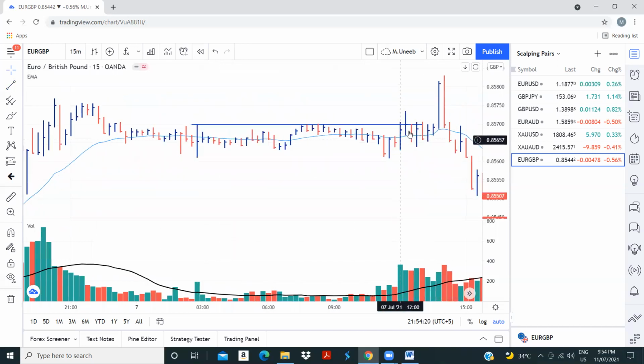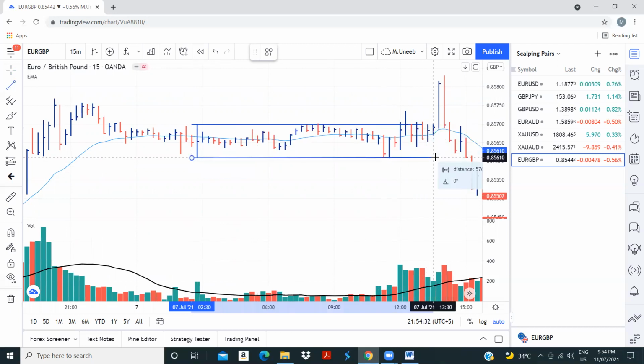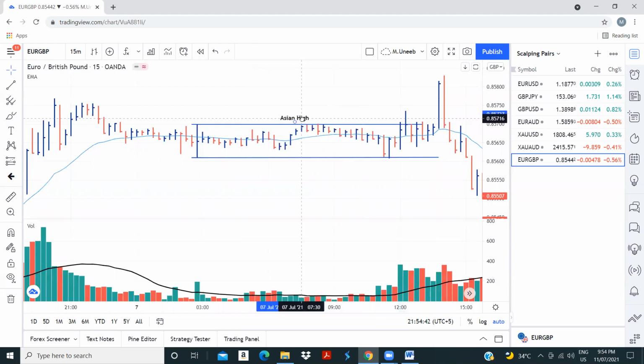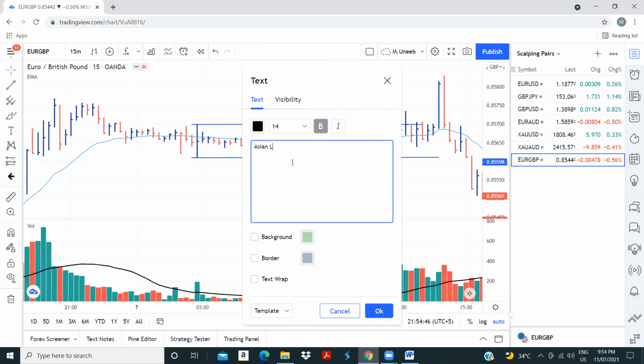Now the Asian low is definitely the lowest point, which is here. So you mark it down: Asian high, Asian low.